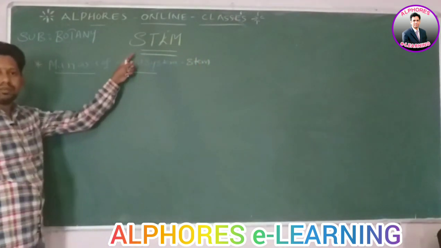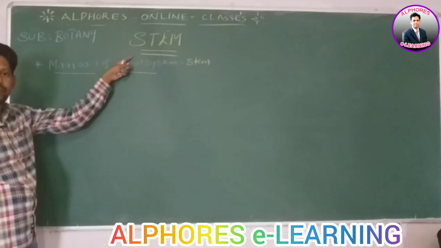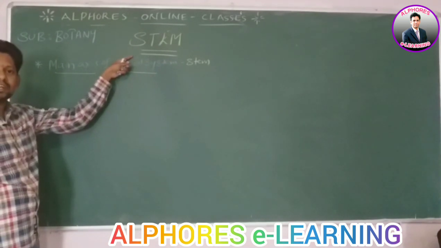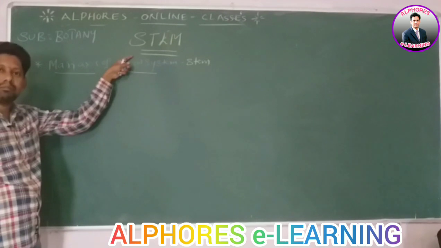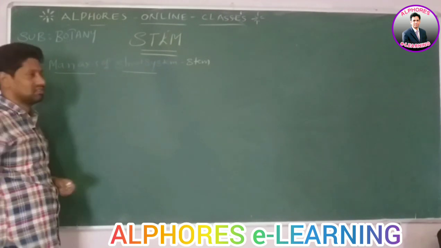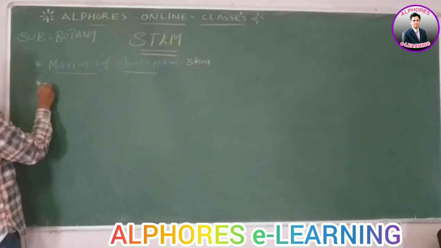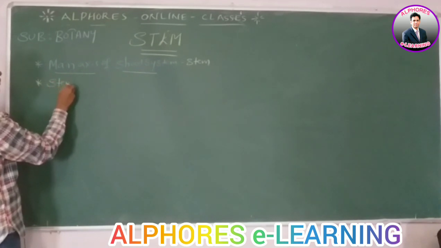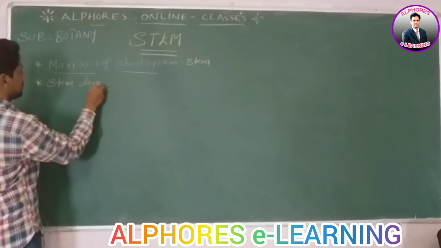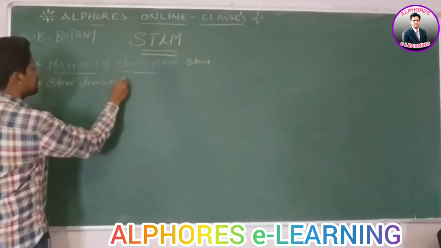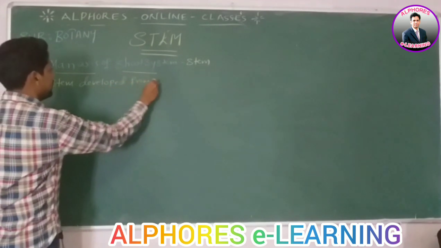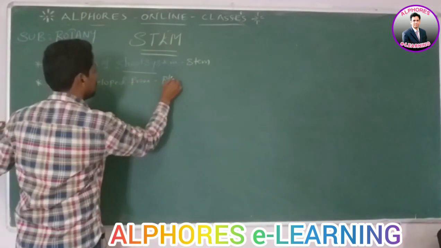Sir, this stem is developed from plumule. Plumule means which end of embryonal axis? Upper end of embryonal axis, right? Therefore, stem developed from where? Plumule.